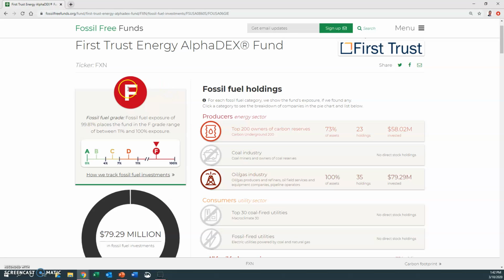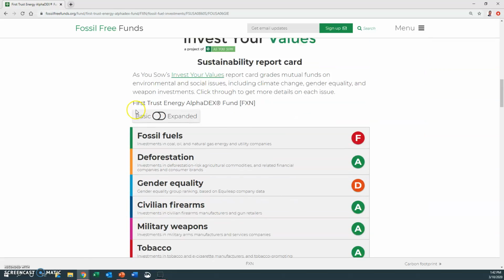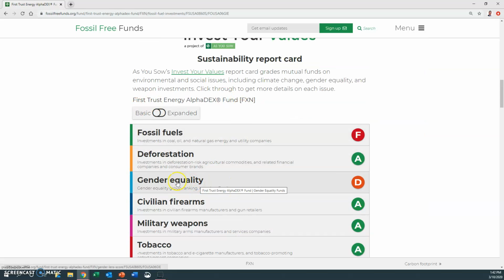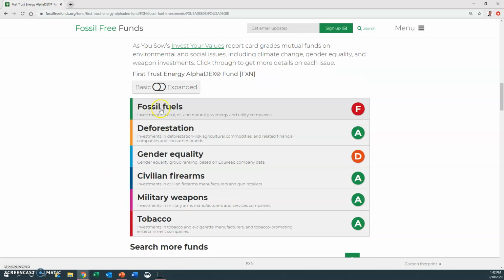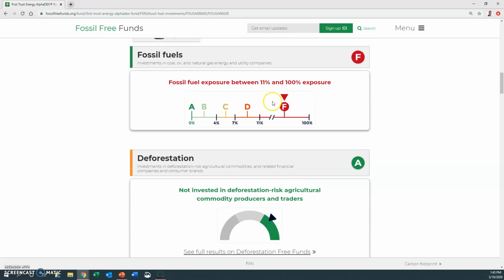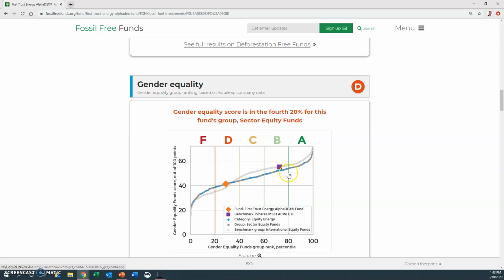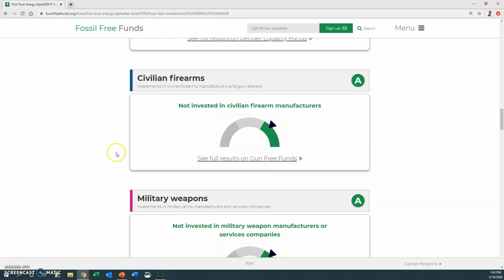So yeah, you can see it breaks down not only the fossil fuel holdings, but as we scroll down here, you'll see that the companies they're investing in aren't very good when it comes to gender equality. Obviously fossil fuels. Looks like they're pretty good in some of these other categories. We can expand this out and take a look, obviously an F here, at how these are rated on this gender equality graph.